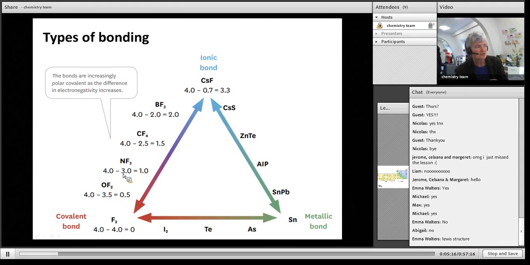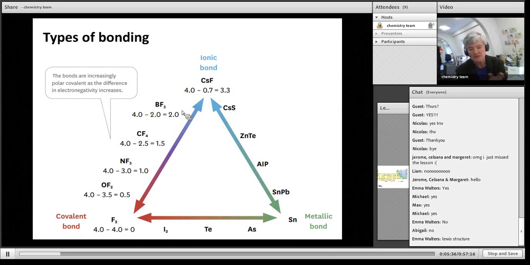So we get a difference in electronegativity getting bigger and bigger until we've got a very ionic bond. The cut-off point, depending on what literature you read, is anything from about 1.7 upwards.